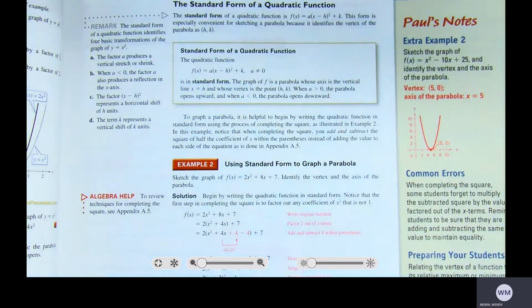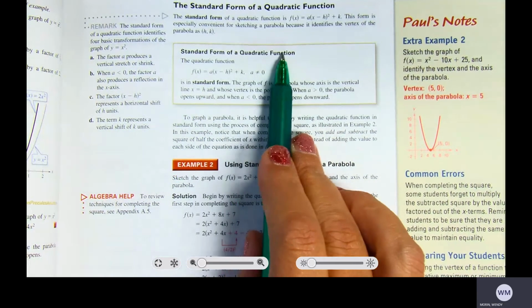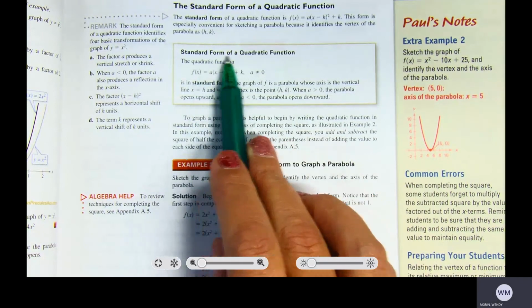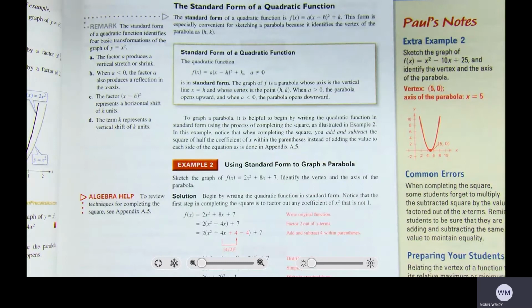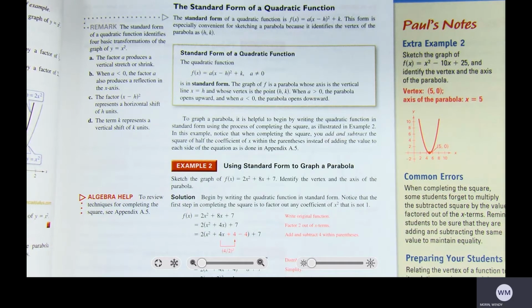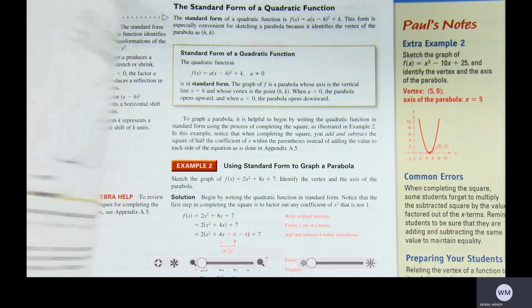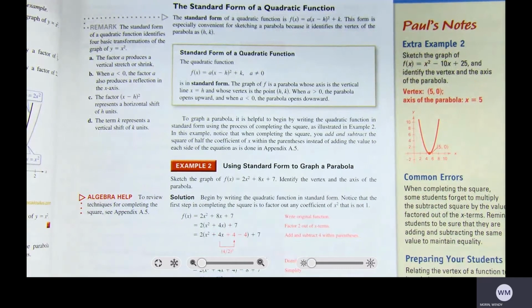So in WebAssign, when it says find the standard form of a quadratic function, the standard form of a quadratic function is the vertex form. I know that could be confusing, so just so you know, if they ask you for the standard form of a polynomial, that would be ax squared plus bx plus c. So please do not let that confuse you.